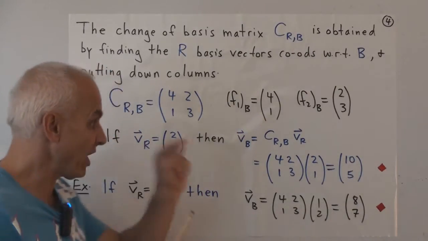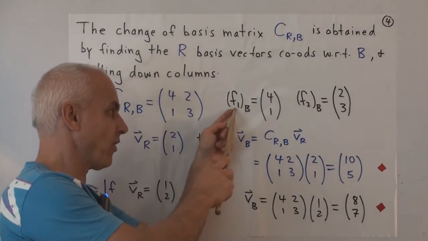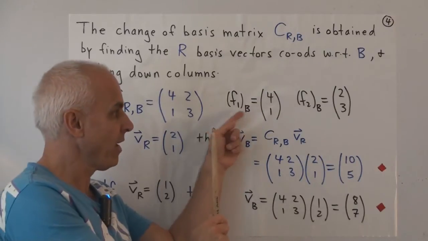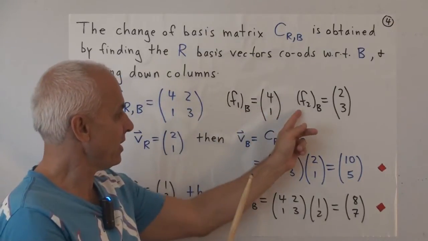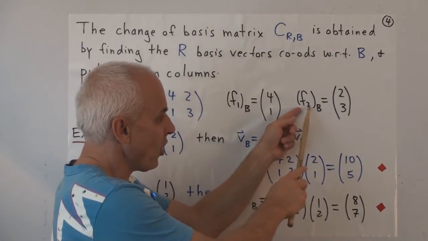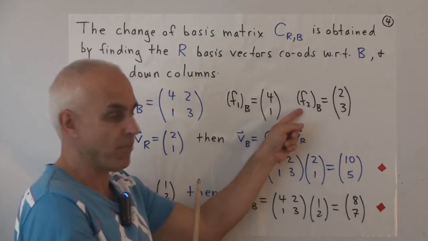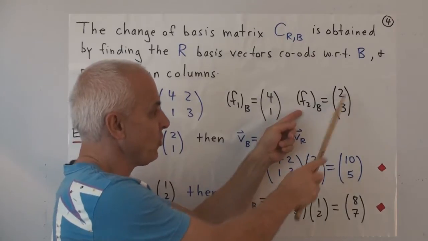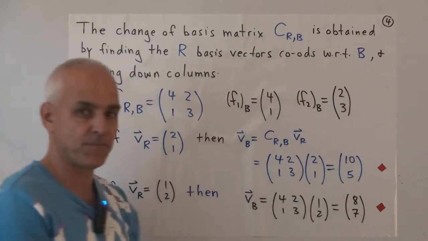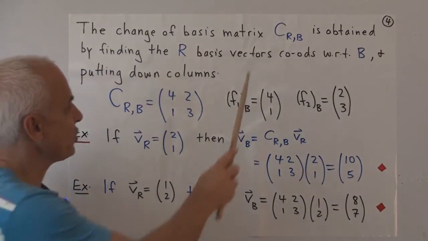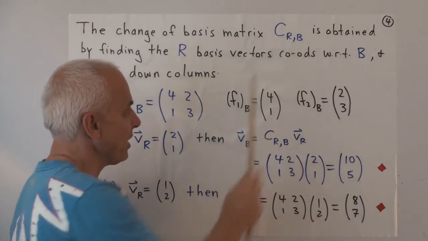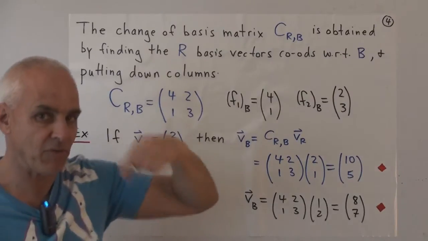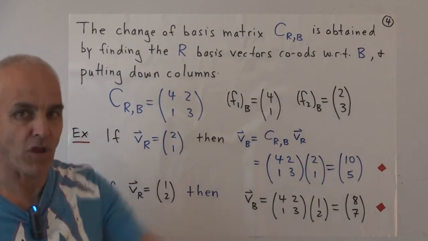In other words, Rachel's first vector was 4e1 plus 1e2. And the second column is the coordinates of F2 with respect to Bob's system. So F2 was the vector 2e1 plus 3e2. So to find the change of basis matrix C from R to B, we put R's basis vectors' coordinates with respect to B down the columns.